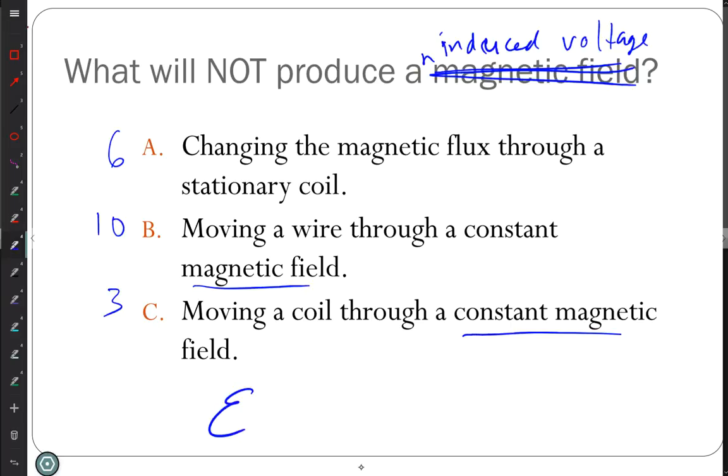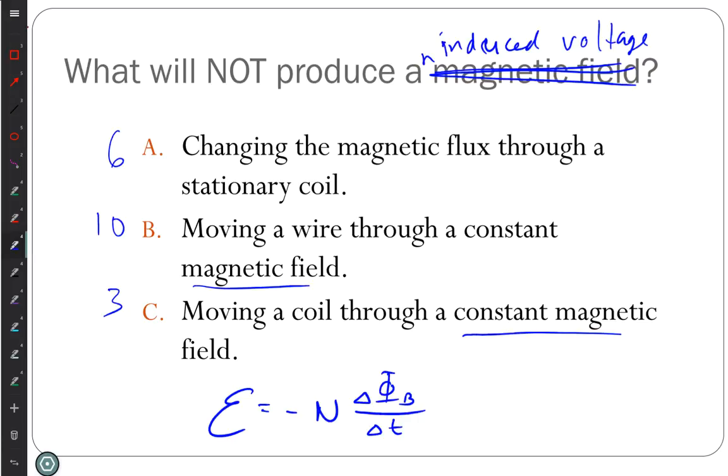Faraday's law of induction says, if we change the magnetic flux, that is the Φ_B is changing with time, is that going to produce something here? Yeah, it's going to have to. So this one here definitely will produce, so it's not the answer.